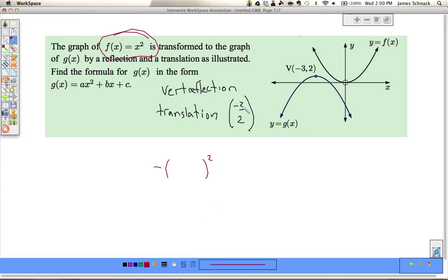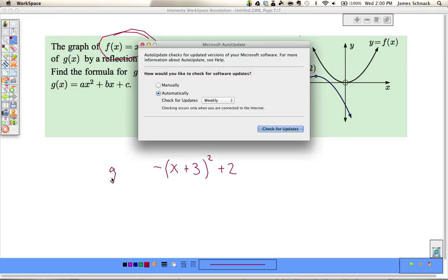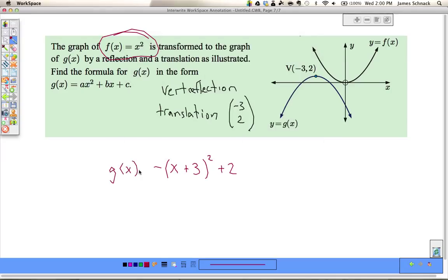We're moving to the left 3, so x plus 3. That's how we would show that in our function. And up 2. There's our g of x.